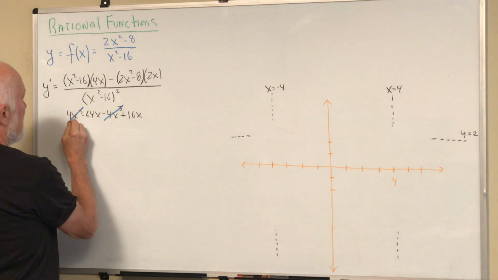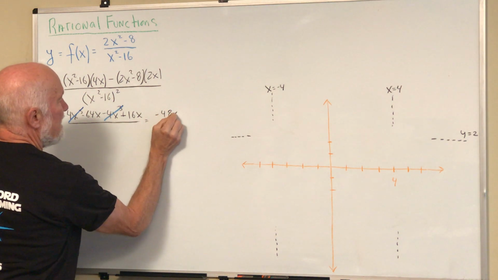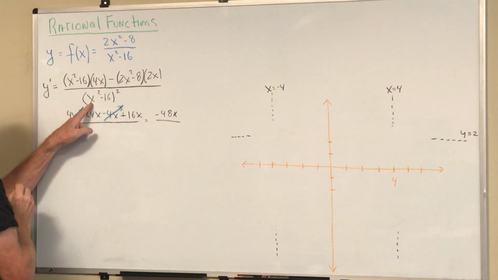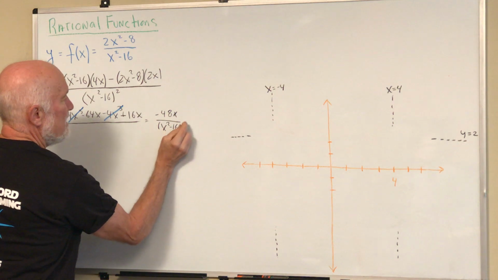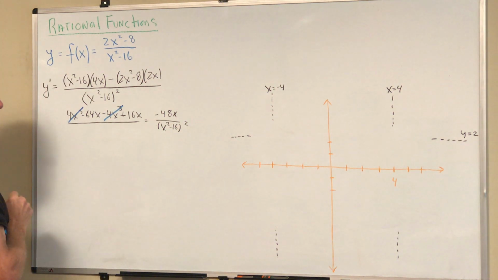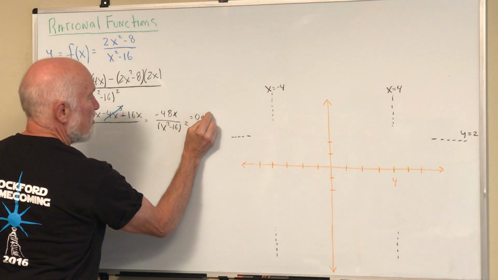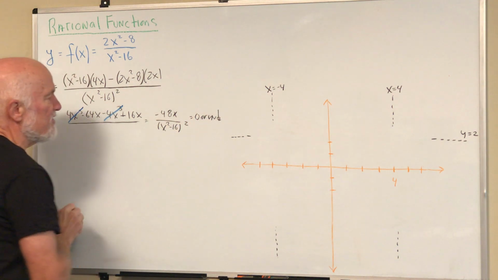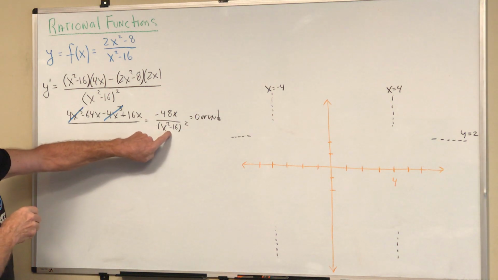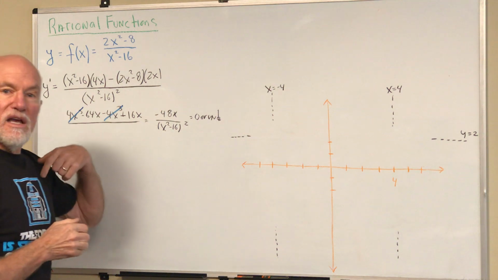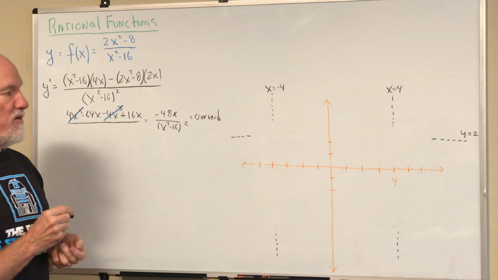So we get negative 48x, and in the denominator we still have this x squared minus 16 squared. Now what do we do? We set the derivative equal to 0 or undefined, just like in all the other cases. And we do find that at x equals 4 and negative 4, the derivative is undefined because we'd have 0 in the denominator.